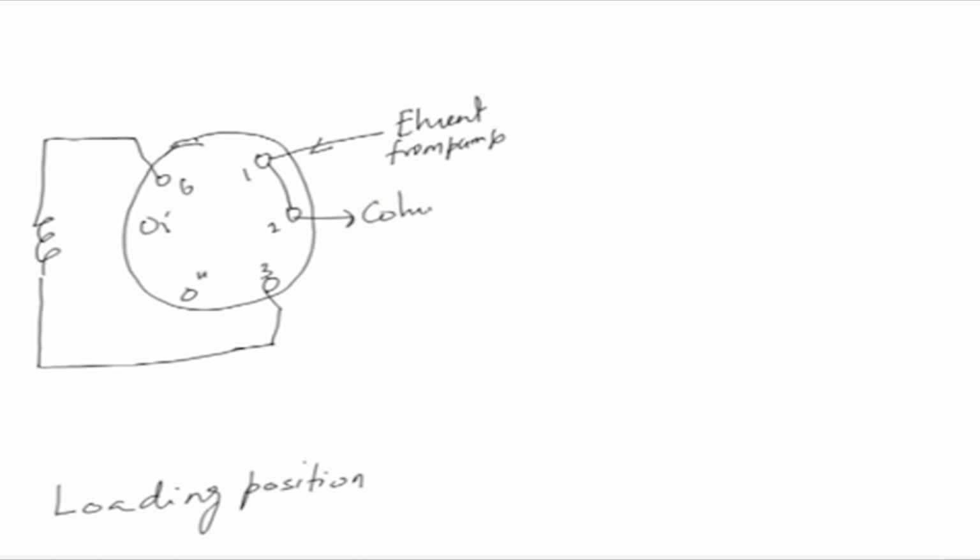So, still you have not loaded. This is the loading position where you can load your sample. If this is your knob which has to be shifted, then this is the loading position, and this is your loop. This loop is of fixed volume, and it could be like 200 microliter to say a few ml also.